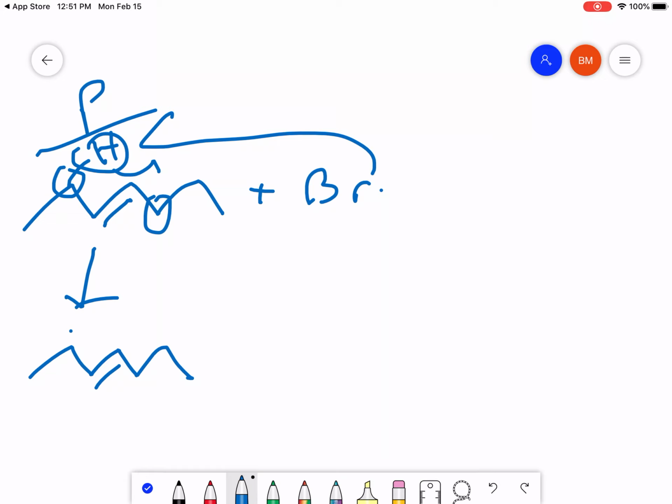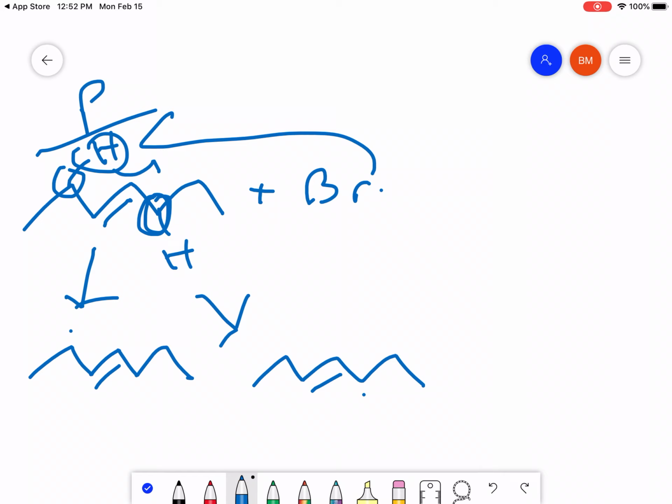Well, we have another allylic spot. We have another allylic hydrogen that we could possibly take, one right over here. Now if we did that, we would end up with that radical.